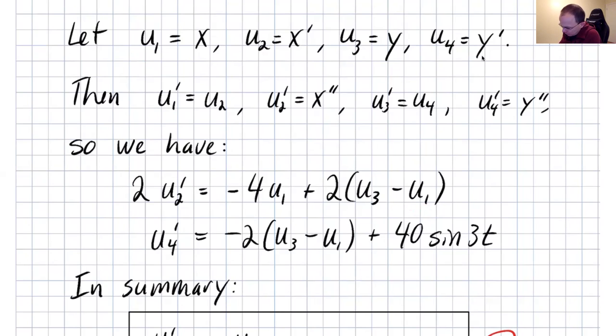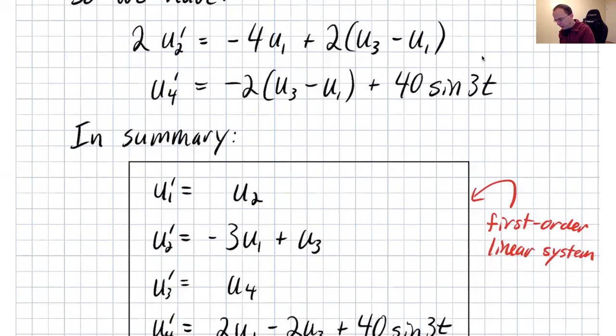And then we had y double prime, so that is replaced with u4 prime, is equal to minus 2 times y minus x. So that's u3 minus u1, and then our external force. Okay.